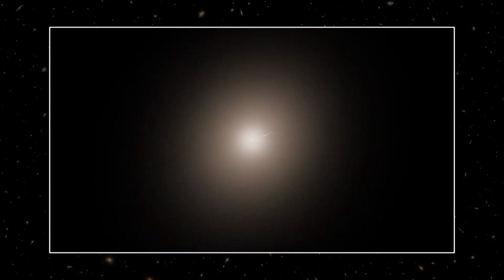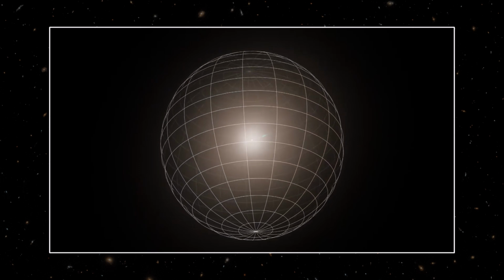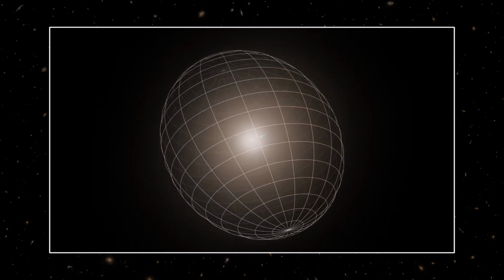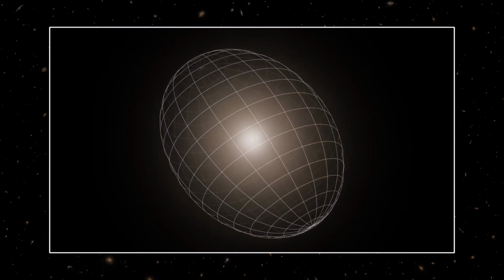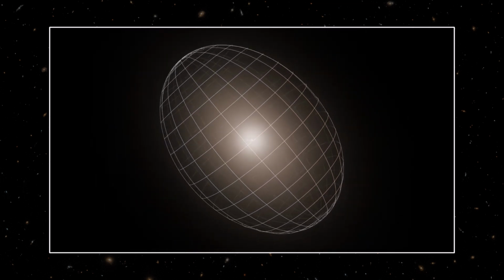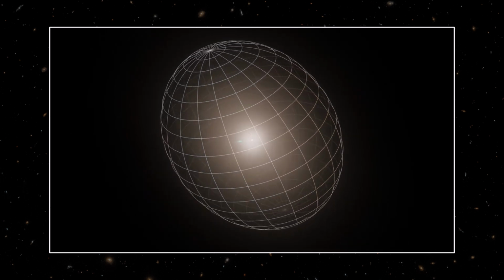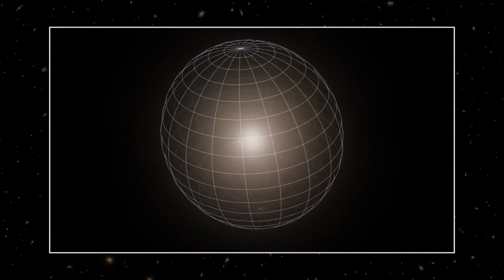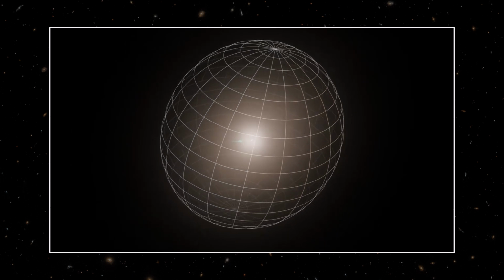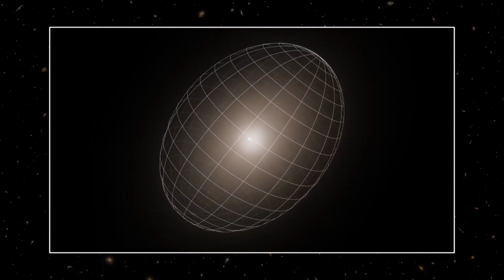So here is an animation of M87 and sort of a 3D model of what it looks like according to the researchers from UC Berkeley. It's kind of hard to classify elliptical galaxies because we see this 2D shape in space, right? We see a 2D galaxy on our 2D celestial sphere.